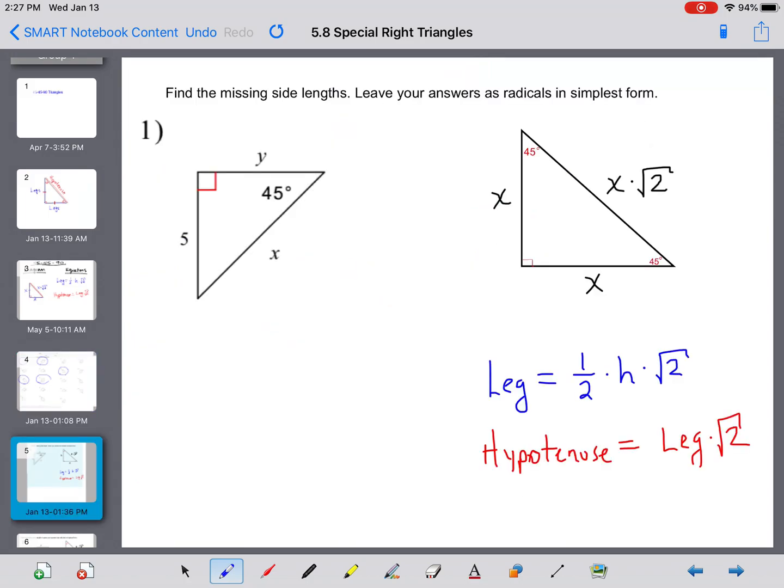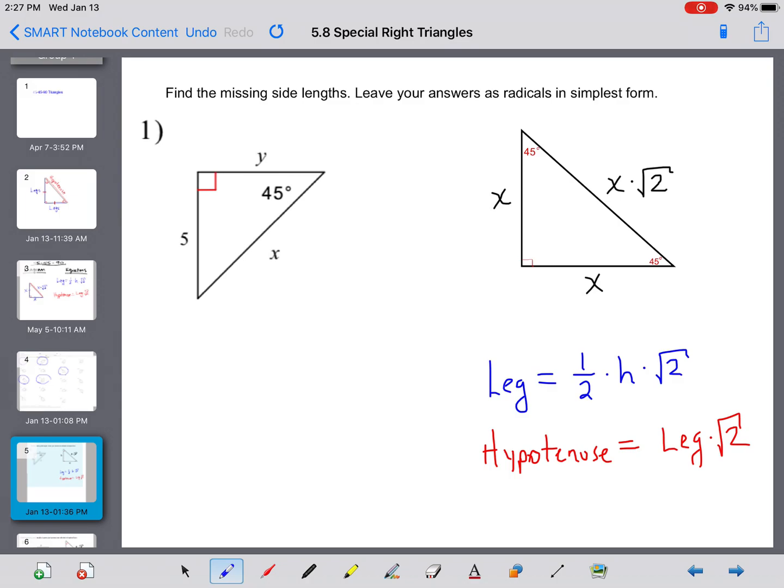Let's start with number 1. It says, to find the missing lengths, leave your answers as radicals in simplest form. I highly recommend that you keep the diagram and equations, like I've written on the right side of this page, in a nice visible spot as you work through these problems.